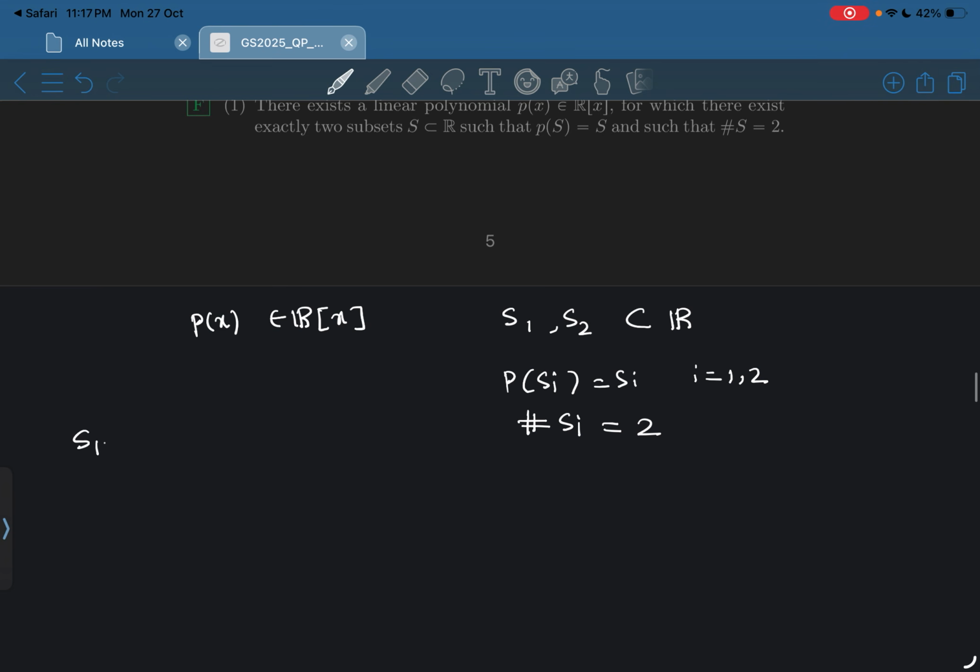So let's assume that S1 equals {s1, t1} and S2 equals {s2, t2}.